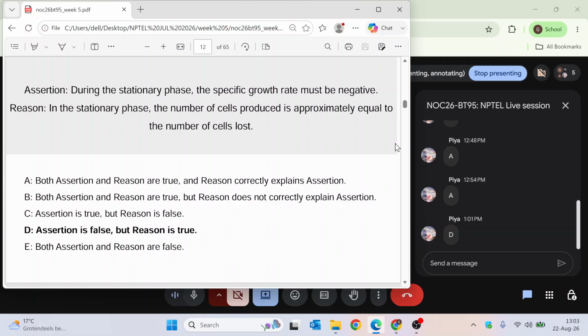On the other hand, some other cells which are starving without the substrate are going to start to die. So both these will happen parallelly. So the net specific growth rate is going to be 0. Here the specific growth rate is not negative but it is 0. So that's why the assertion is false but the reason is true.